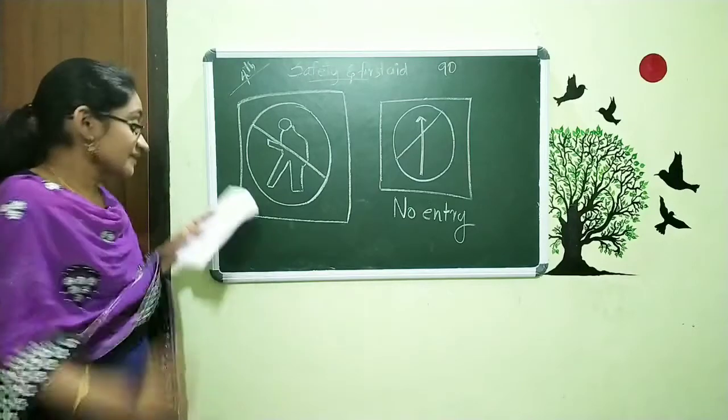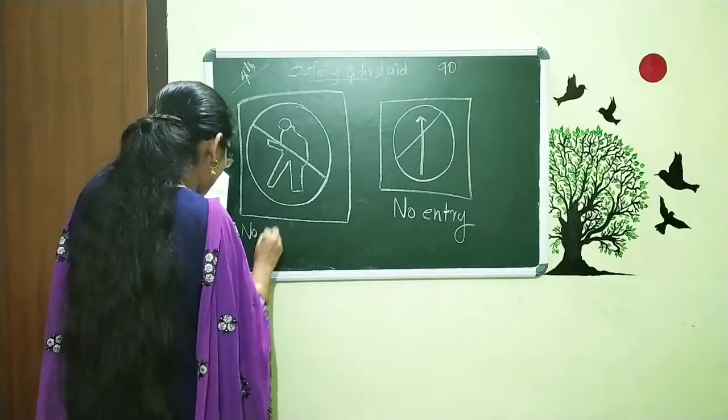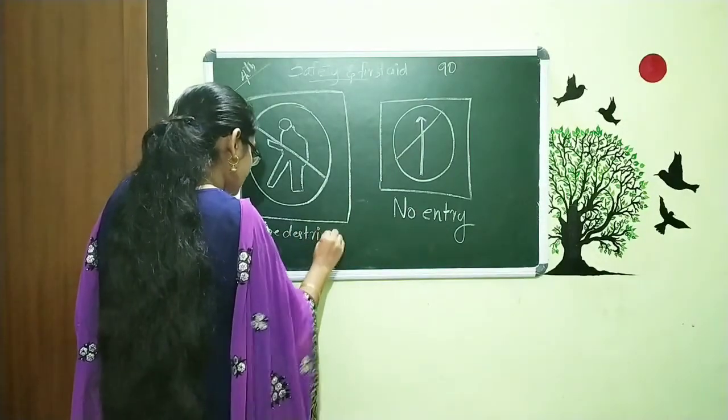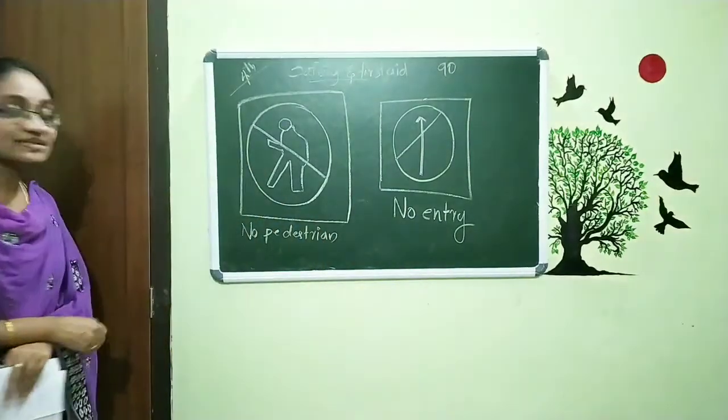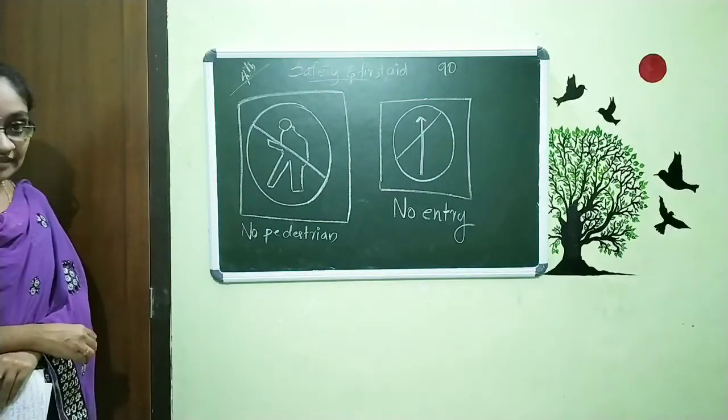And the sign is this, no pedestrian. No pedestrian means it is unable to walk through that area. That is the meaning of this.